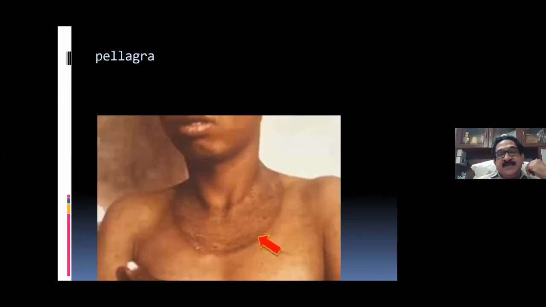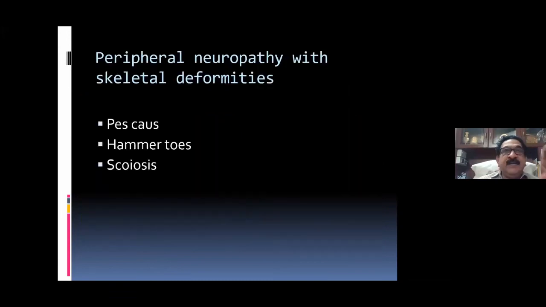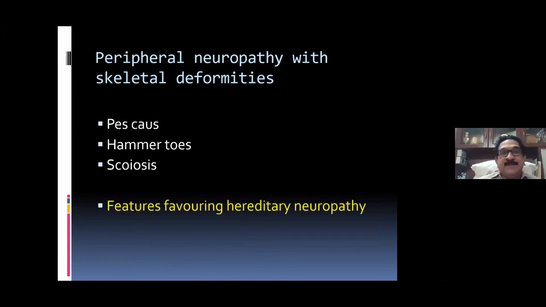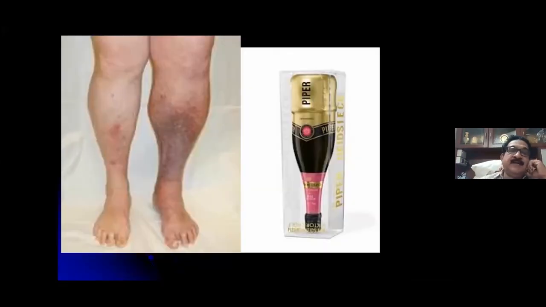This is the telltale evidence of hereditary neuropathy: the inverted champagne bottle appearance.